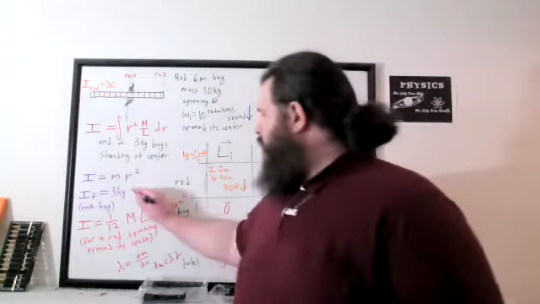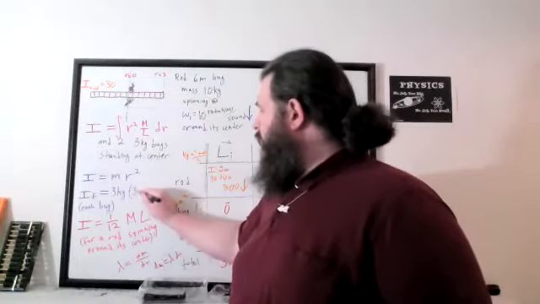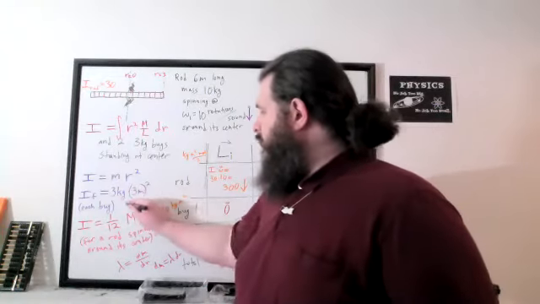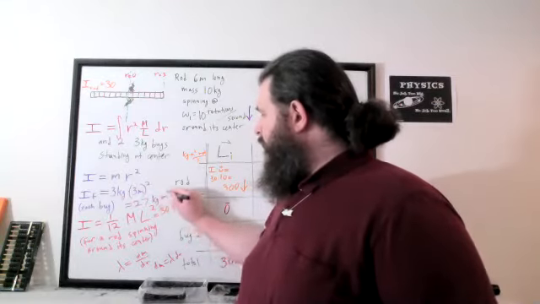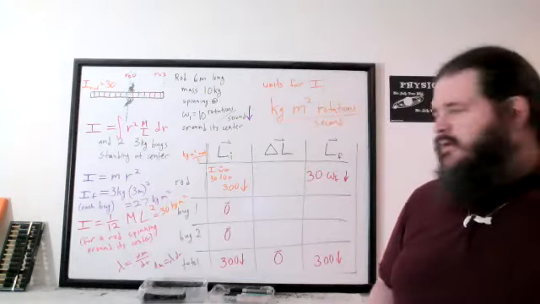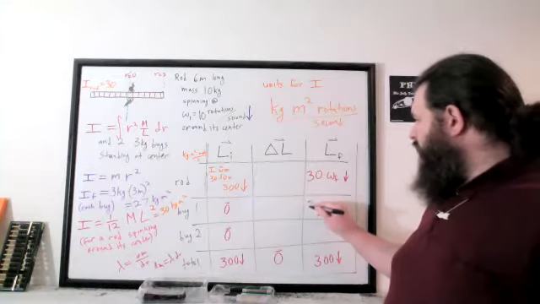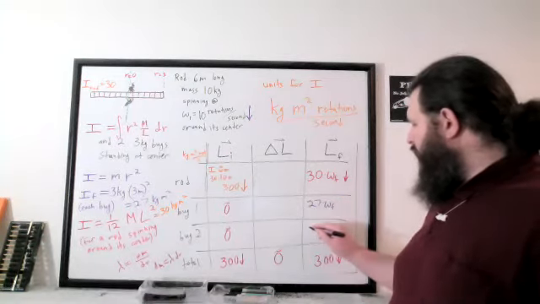Right, because it moves out to the end, which is 3 meters away from the center. So 3 meters squared, 3 squared would be 9, times 3 again would be 27 kilogram meters squared. So that's the final moment of inertia for each bug. So each bug is going to have a final angular momentum of 27 times some unknown angular velocity.